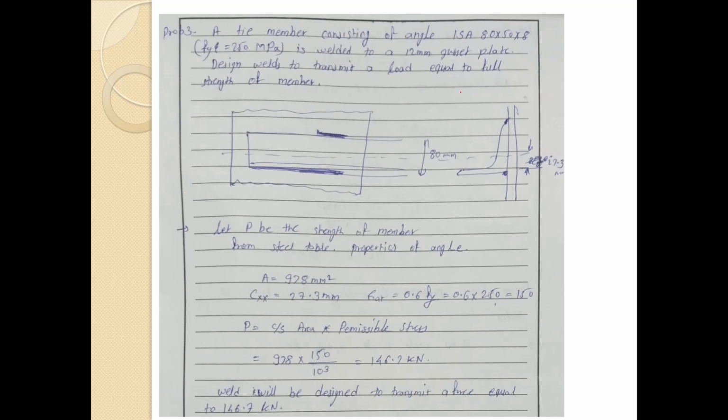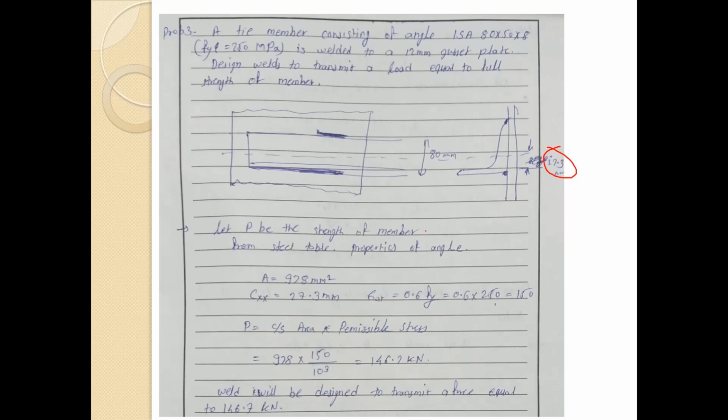Here you can see this particular member has been connected with the plate, and weld has been provided in this and in here only. These are the properties of the particular member which we have taken from the steel table.